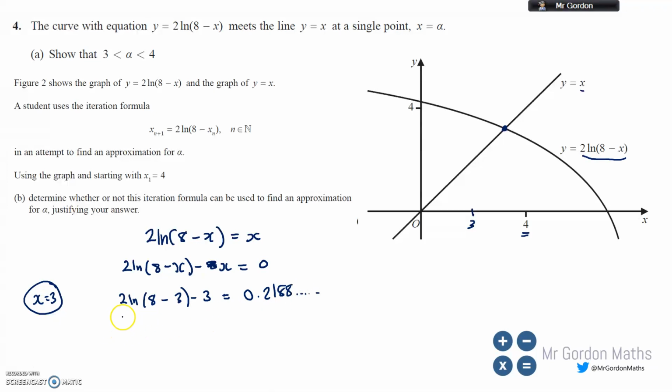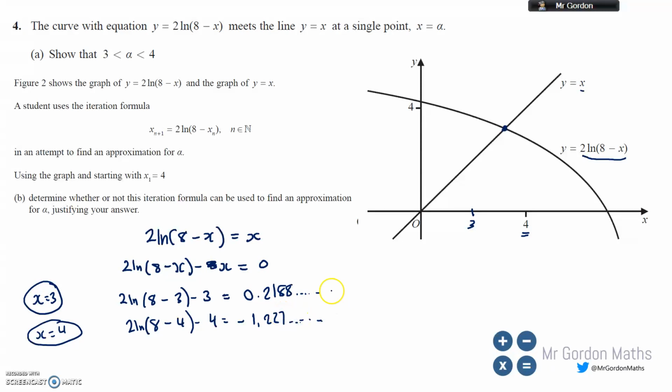Put in x equals 4, and we end up with another result. This one says minus 1.227.